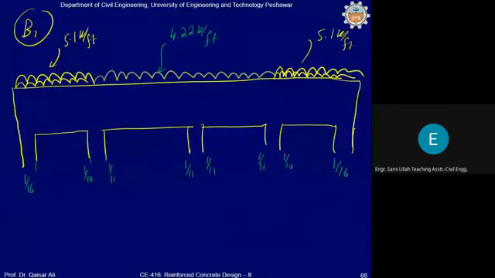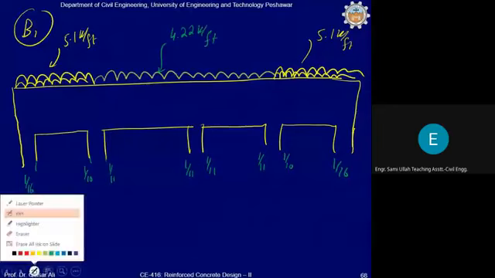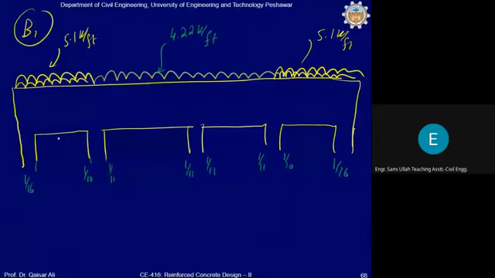Similarly, positive moment coefficients for exterior span are 1 over 14, for interior 1 over 16, 1 over 16, and 1 over 14. And you know that the clear span length is 23.83. All these clear span lengths are equal to 23.83.